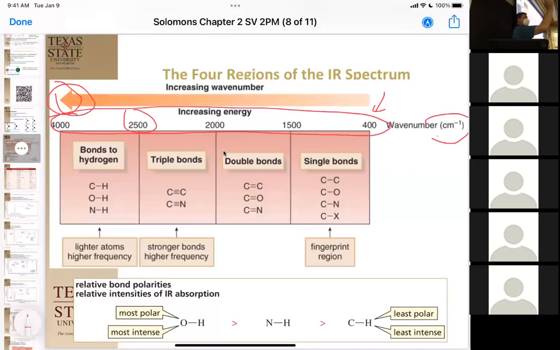But like was alluded to earlier, how does that work with double and triple bonds? Well, okay, if we have this heavy atom and light atom, it's going to have the highest frequency. What's the next thing that's going to have the next highest frequency? The one that's bound tightest. So it's going to be triple bonds. Ooh, they're bound tight. They're bound by a sigma bond and 2 pi bonds.